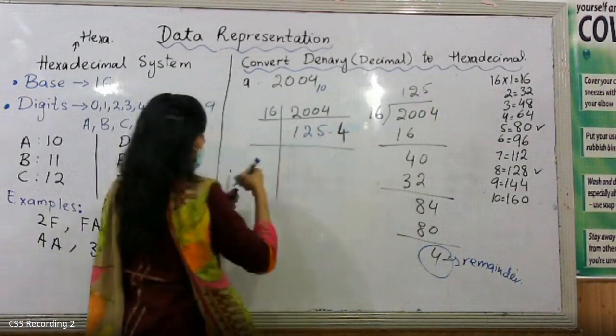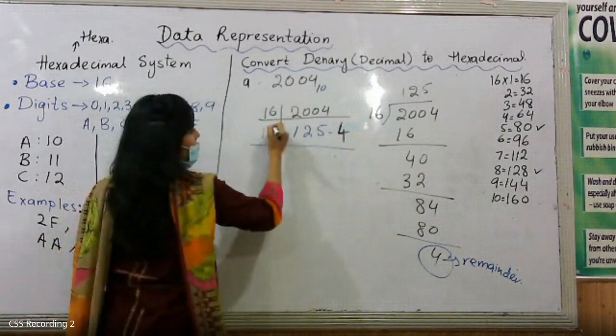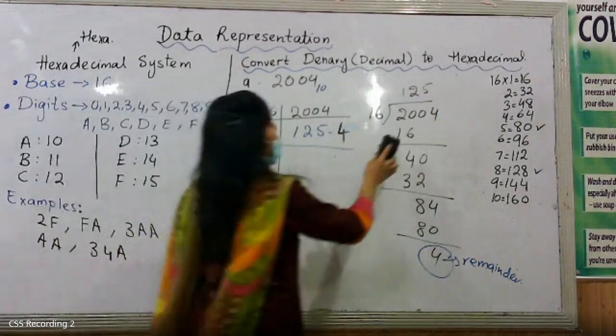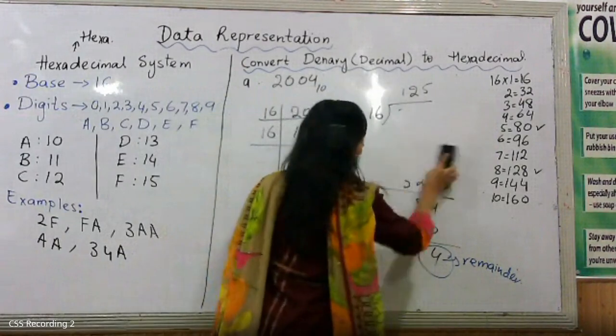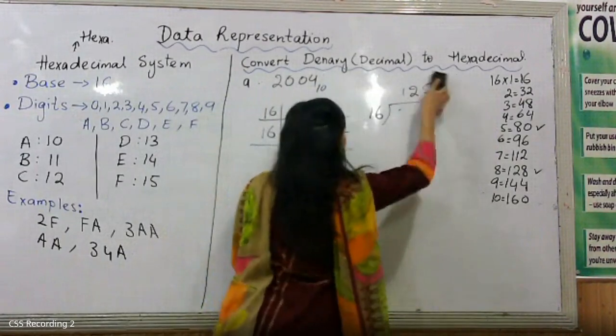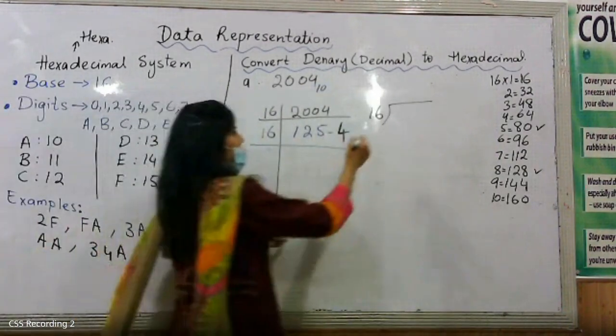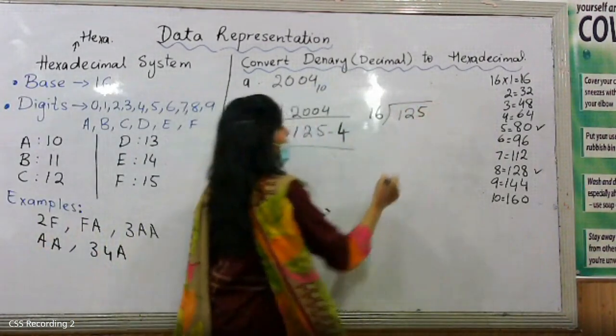Same with the next step. What will we do? We'll divide by 16. 125 divided by 16.